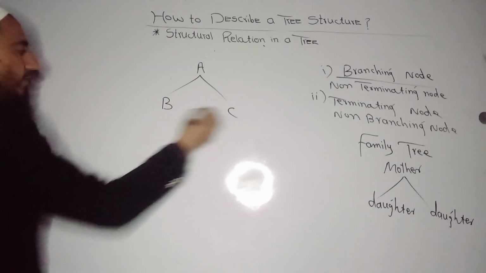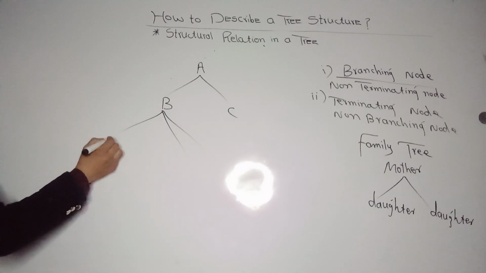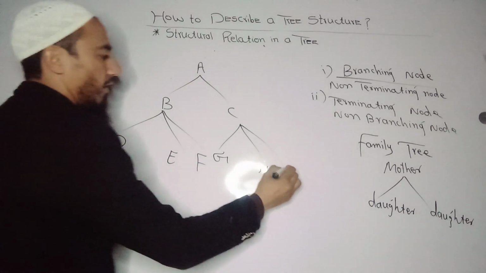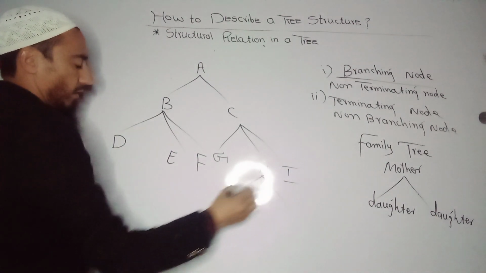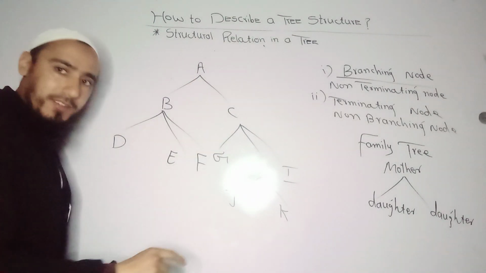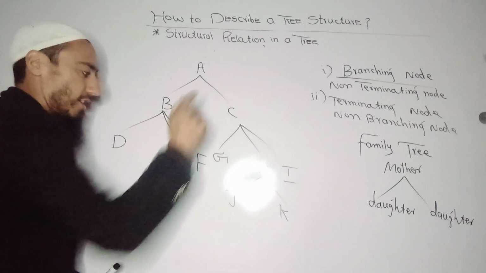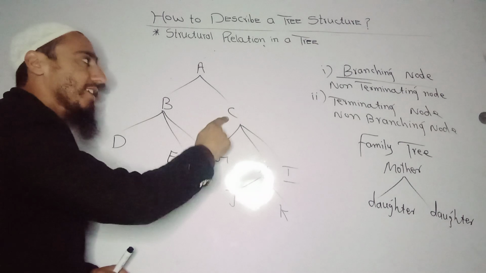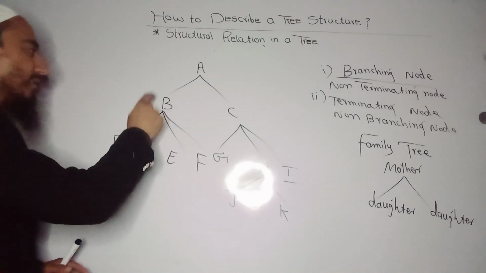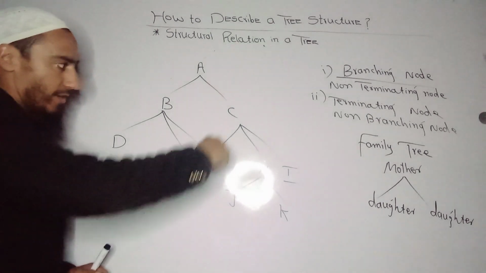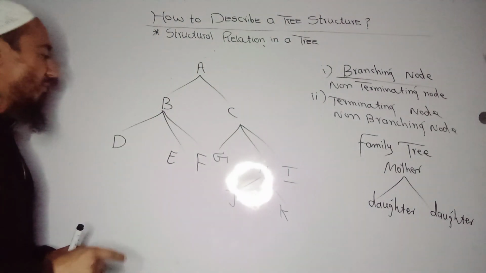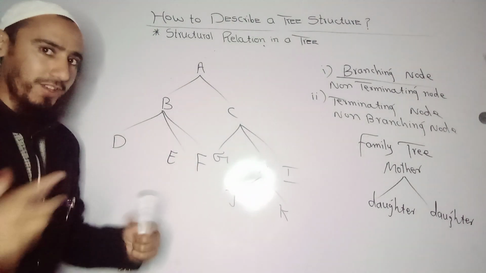Here we have B and C, and in B we have D, E and F, and then in C we have G, H and I, and in H we have J and K. Listeners and idols, now you see, A dominates B and C, or A dominates node B and node C. Same is the case, B dominates D, E and F, and C dominates G, H and I. However, A does not dominate D, E and F. Question arises why?